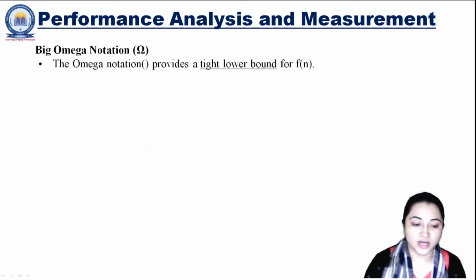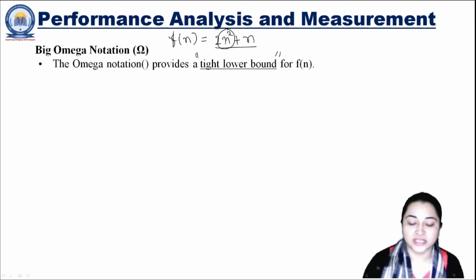So the omega notation provides the tight lower bound for f of n. As we had seen in big O notation, here omega provides tight lower bound for f of n. What do you mean by tight lower bound? So if f of n is 2n square plus n, then lower bound of n square will be any value which belongs to the lower classes of quadratic class.